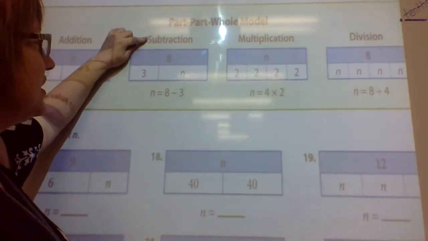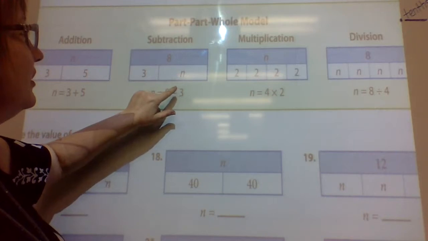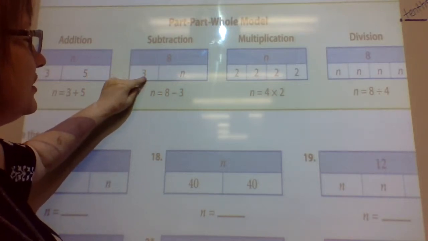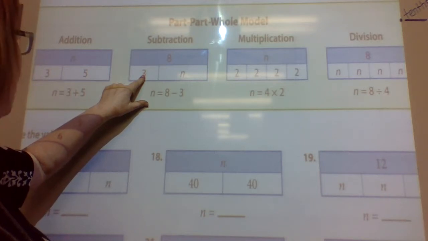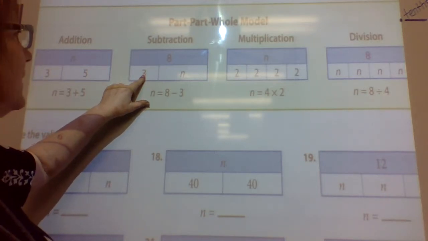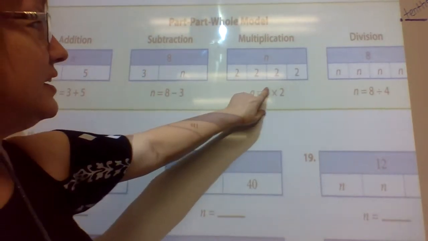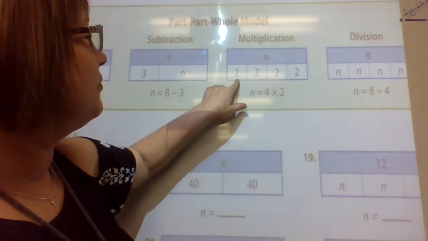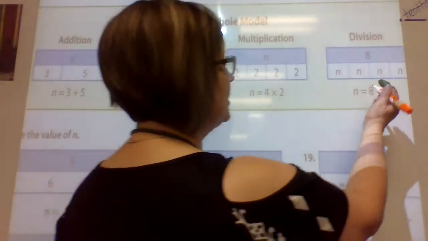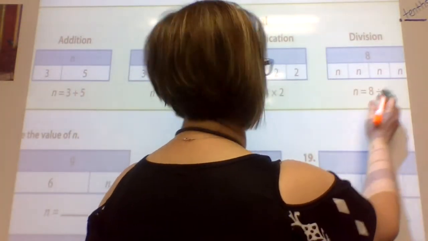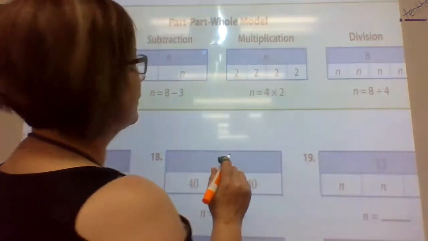This is subtraction. n would equal 8 minus 3. Multiplication is, n would equal 4 2's. And then the division is n would equal 8 divided by 4.